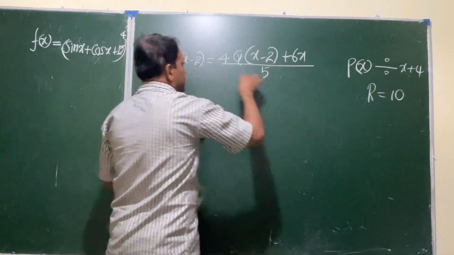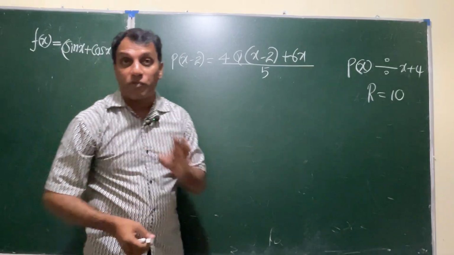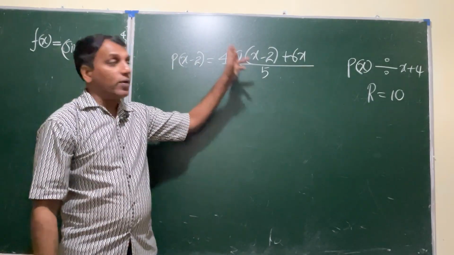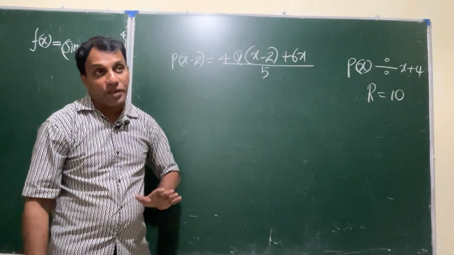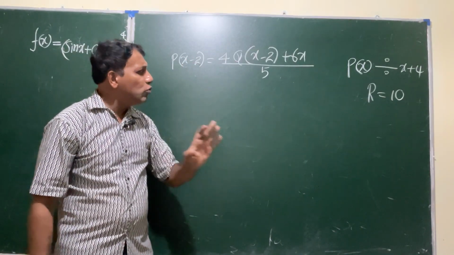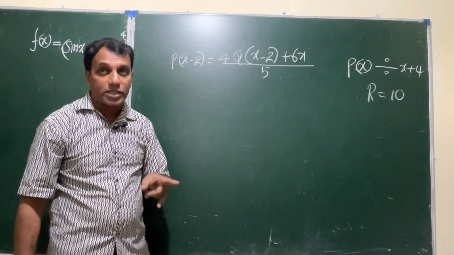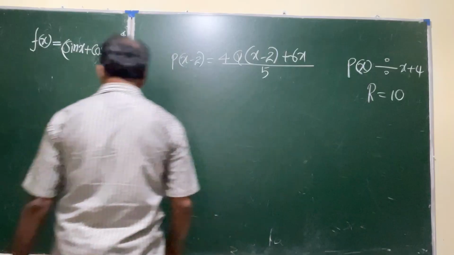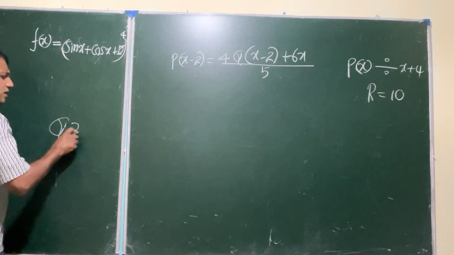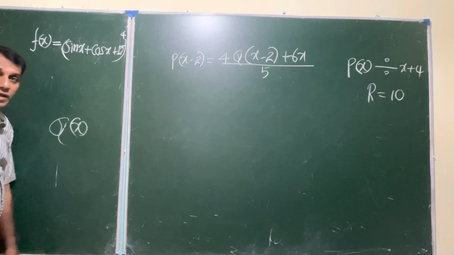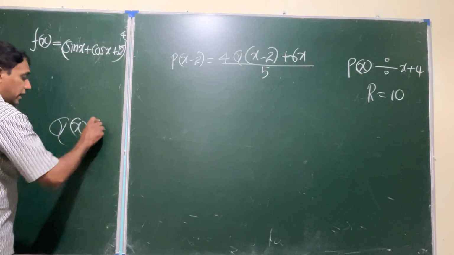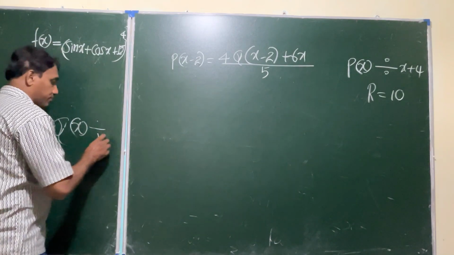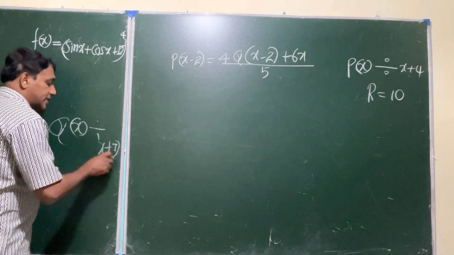This is the relation in terms of two different functions p(x) and q(x). Find the remainder when q(x) is divided by x plus 3. This is the summary of the question.